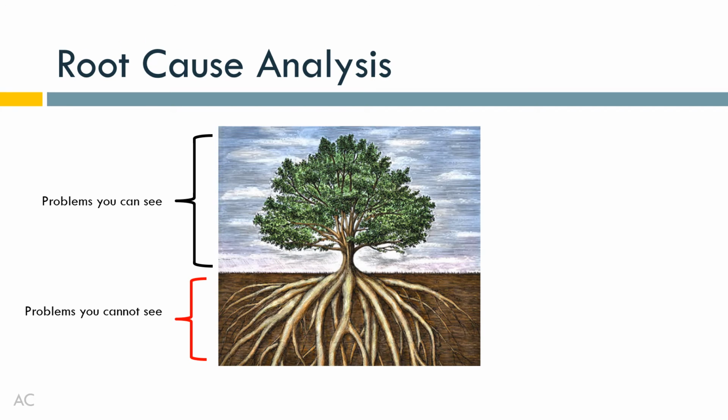You won't be able to see the problem, but it's deep down in there like roots. So I would like you to identify the root causes or the different problems that you're having in your organization, especially in the emergency department and in the inpatient wards in hospital settings, so that you would be able to identify the different root causes of those problems.